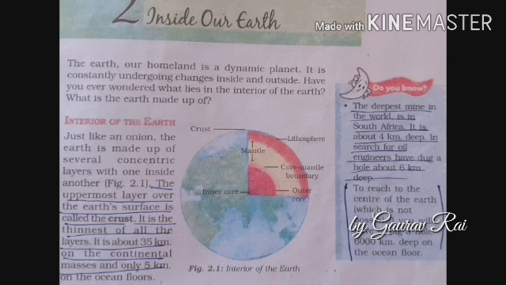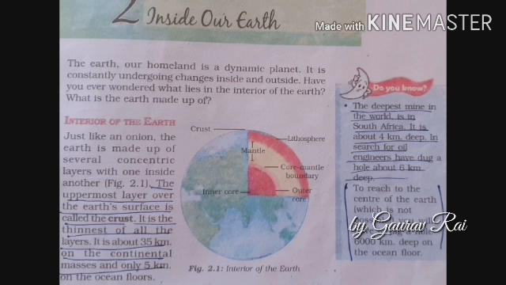Earth is a dynamic planet. Dynamic means that Earth is always in motion, in changing mode, inside and outside. But we don't know when we sleep, when we walk, that at that time Earth is in motion, inside and outside.